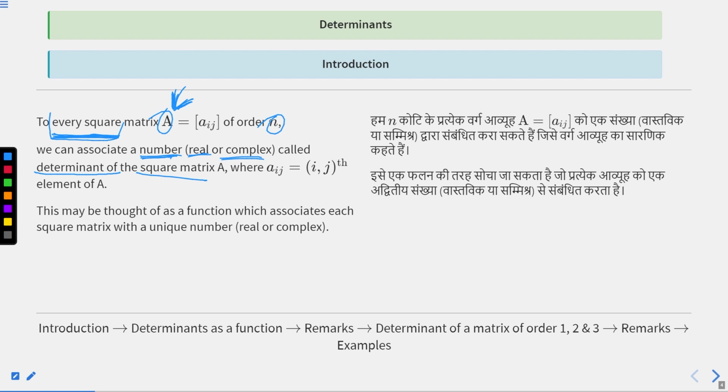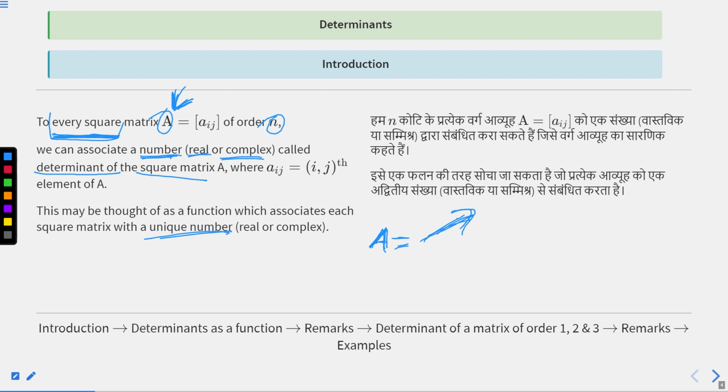Unique in the sense that if you have a square matrix A, it cannot have two numbers associated with it. This cannot give you two outputs; it will have only one output.